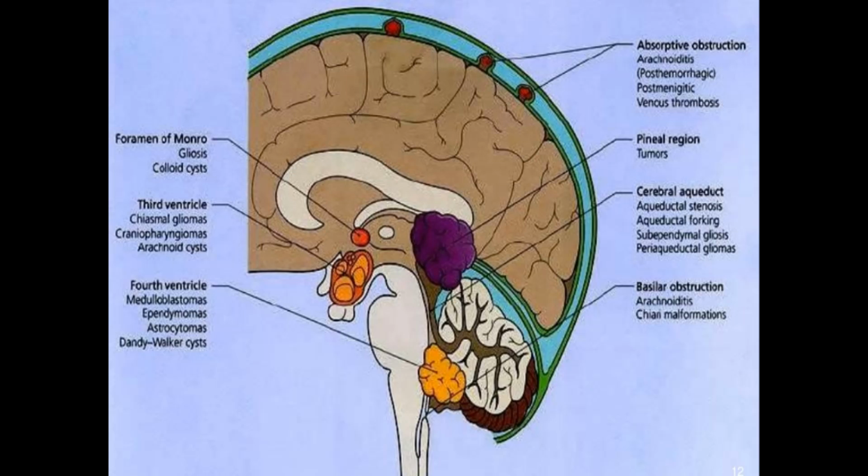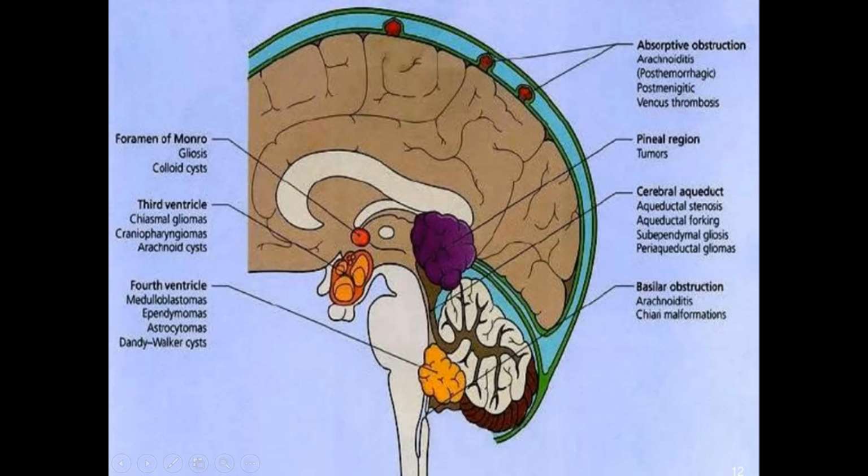Here in this picture, you can see certain tumors. This is at the foramen of Monro, which can lead to obstruction of the foramen, so there is no flow of CSF from the lateral ventricle into the third ventricle. Again, in this picture, you can see third ventricle chiasmatic gliomas or craniopharyngiomas.